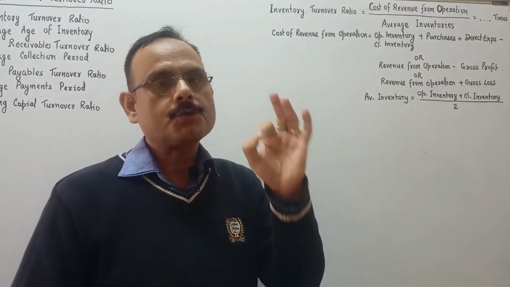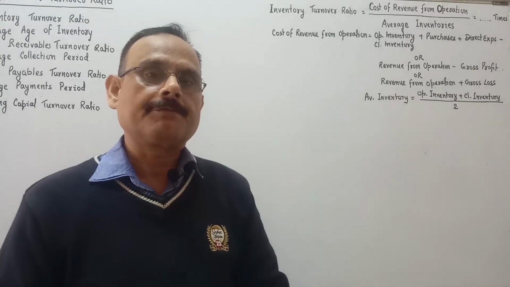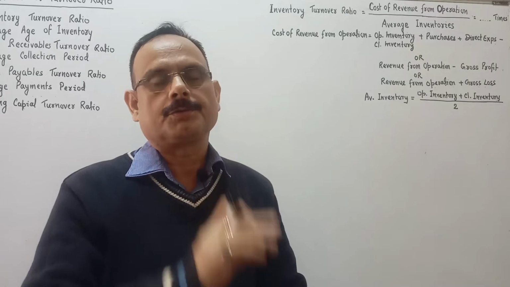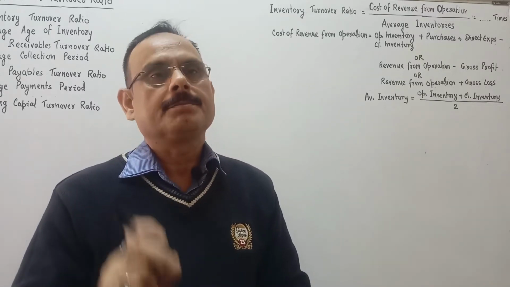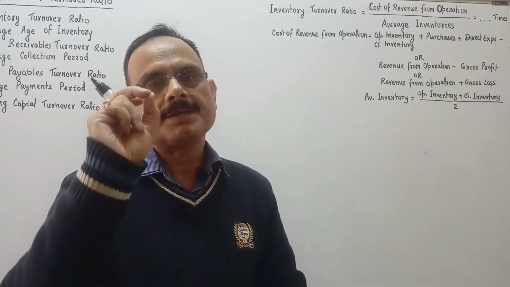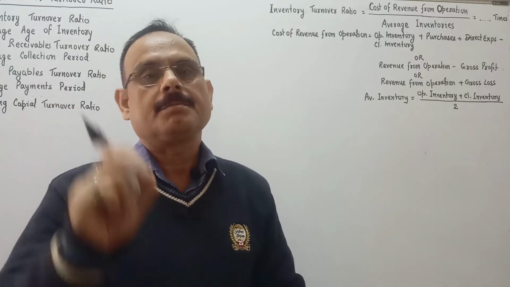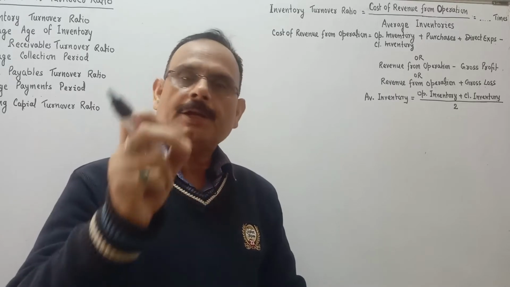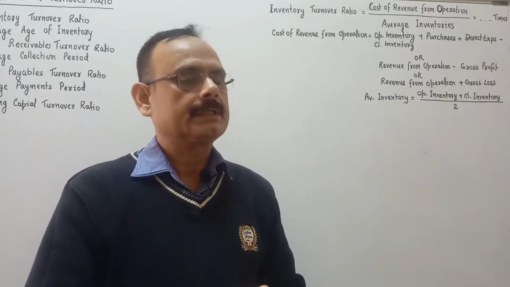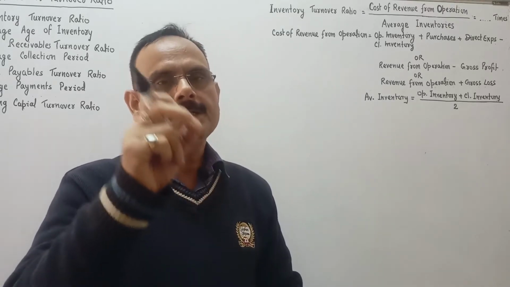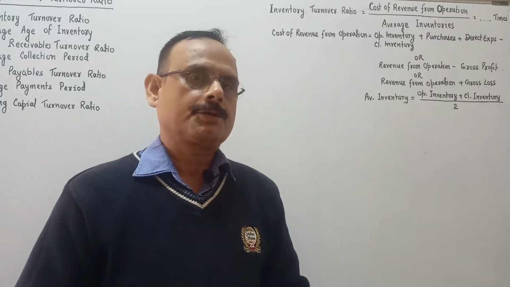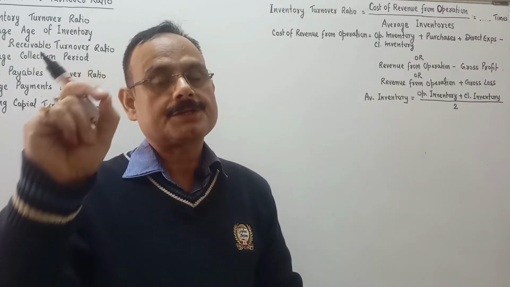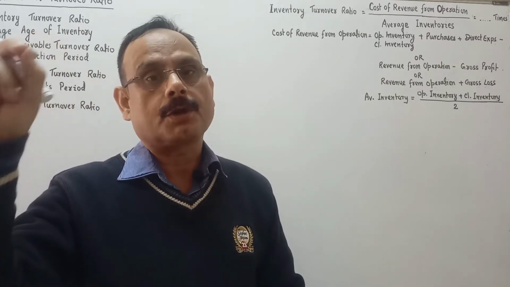Now second is how to calculate the cost of revenue from operation. Cost of revenue from operation is equal to opening inventory plus net purchase plus all direct expenses minus closing inventory. That depends upon the information given in the question. Another way is revenue from operation minus gross profit.